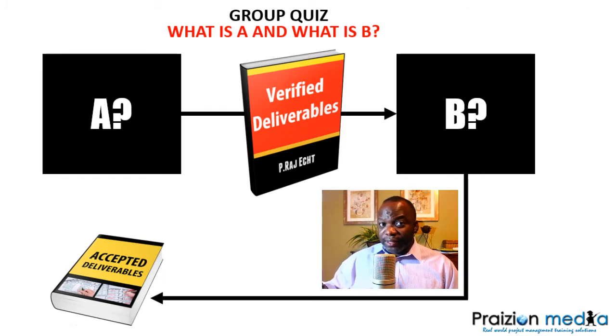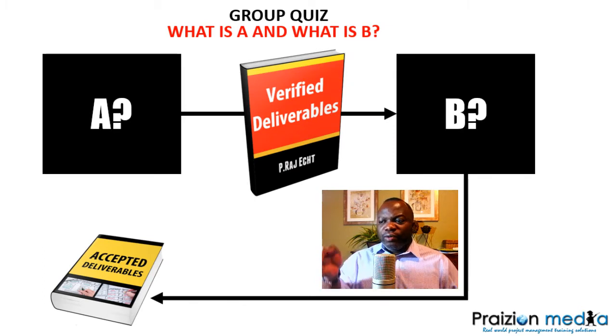Spoiler alert. The answer to A is, drumroll, control quality. In control quality, this is where we inspect deliverables.